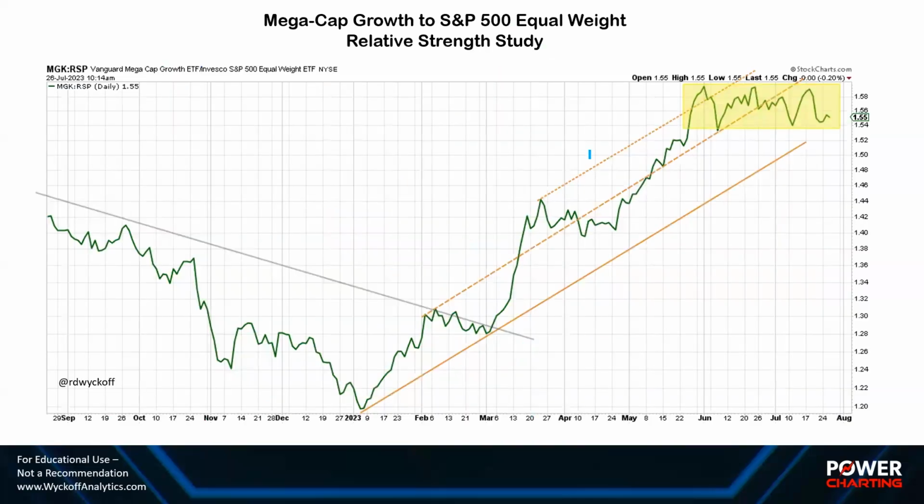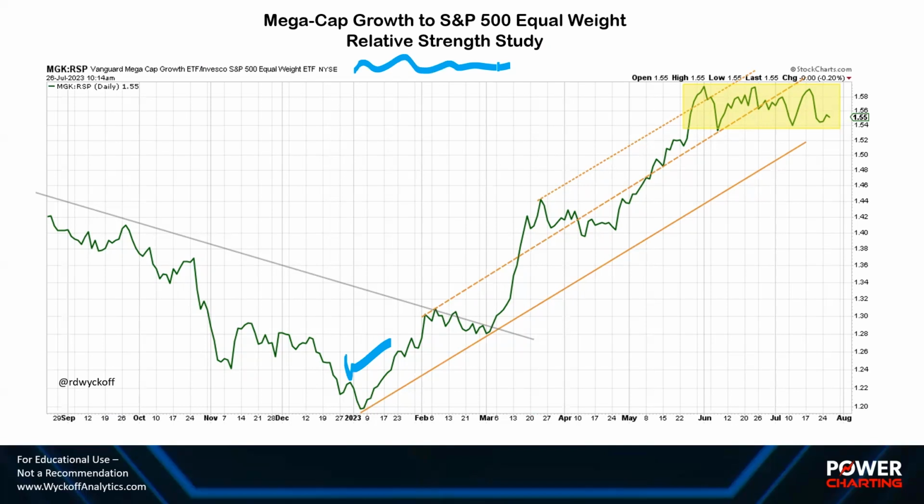Just to make a point about rotation, note here that at the end of 2022, right here, we had a final low in the mega cap growth stocks. And here what we're looking at is a relative strength study of mega cap growth to the S&P 500 equal weight.